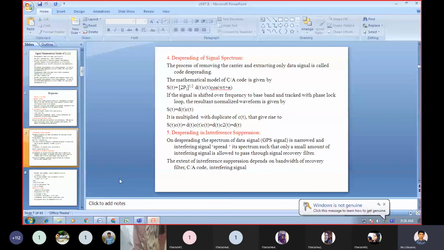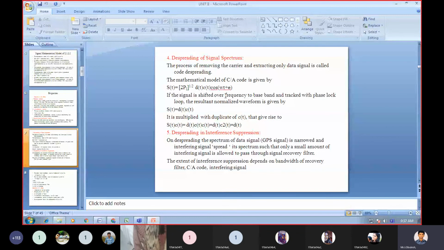Here we are taking only the data signal; we are removing the carrier signal. S of t is the message signal only.